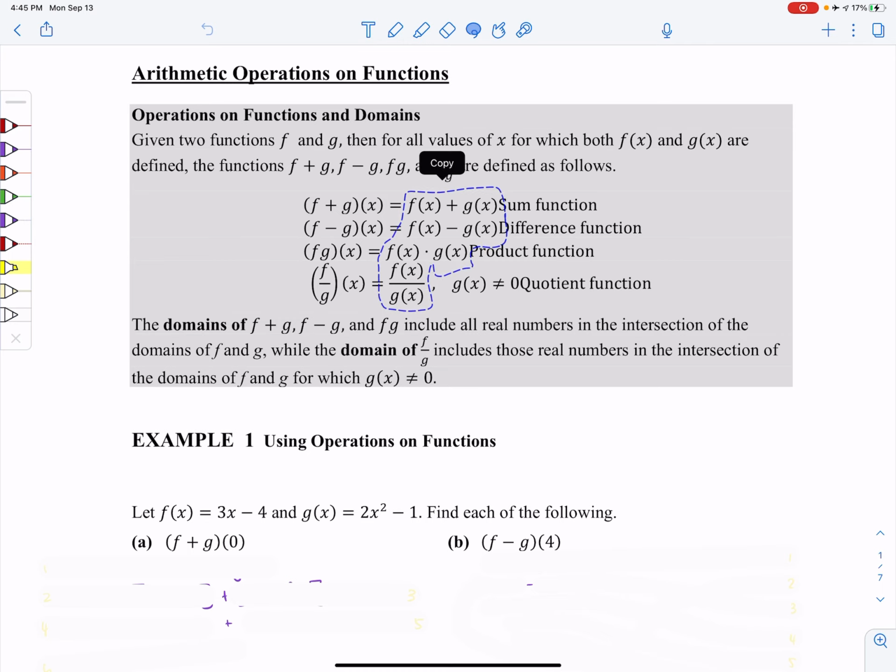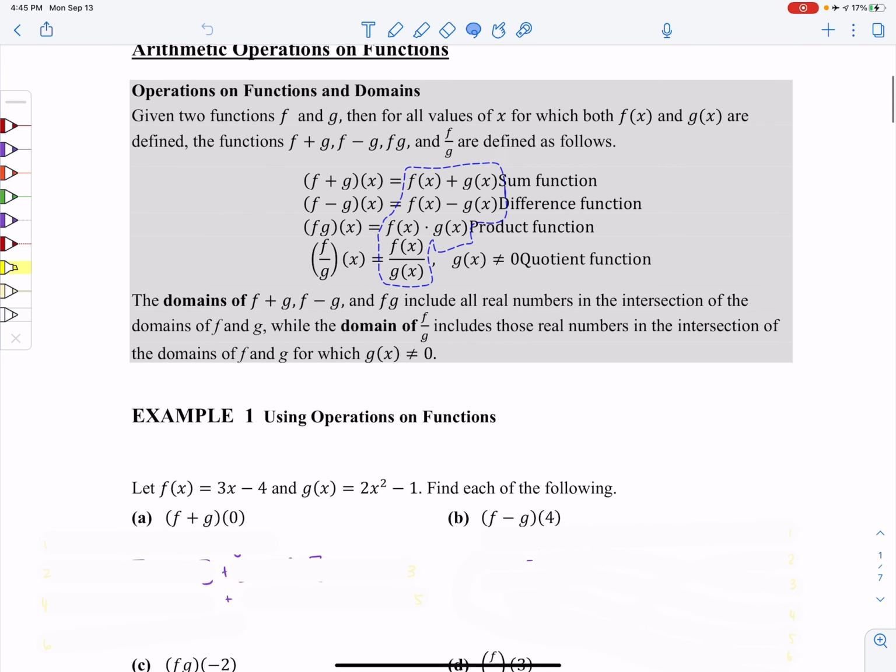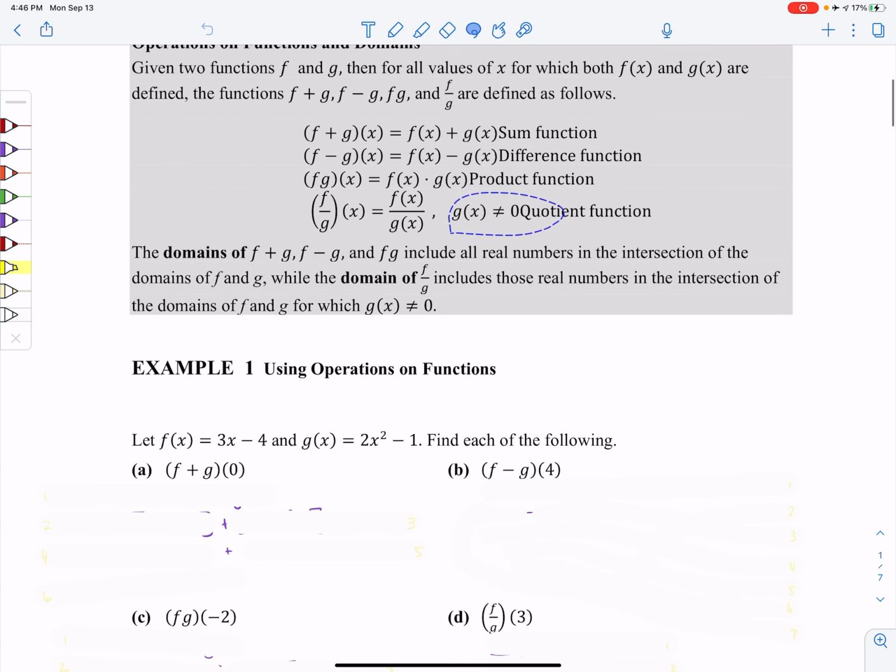We'll discuss domains as we go through as well. The one major thing to discuss here is that you're not allowed to have a 0 on bottom. We already know that. We've talked about that in prior sections, but it's just a reiteration that is something that we're going to be on the watch out for.